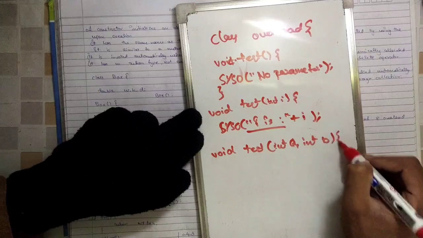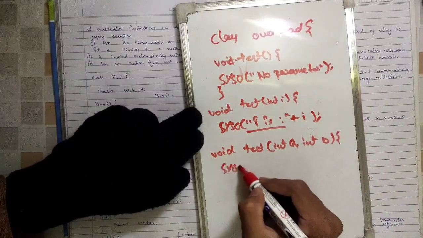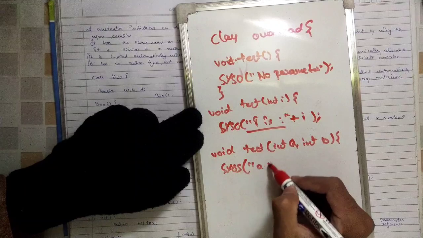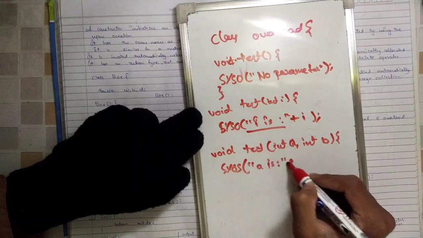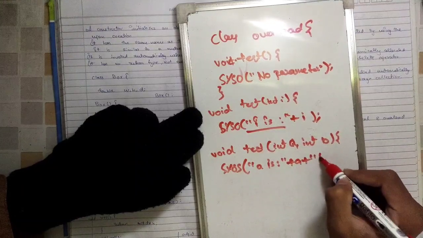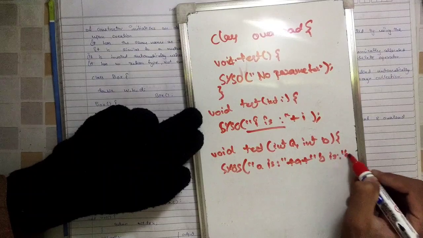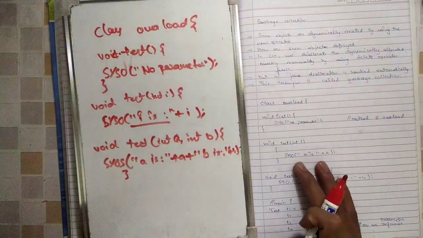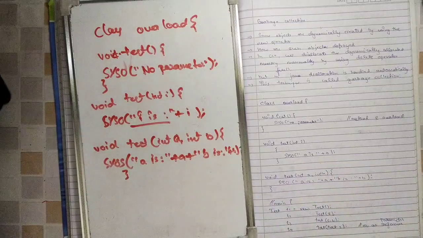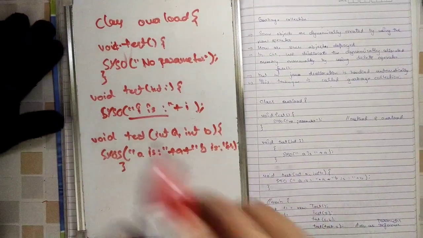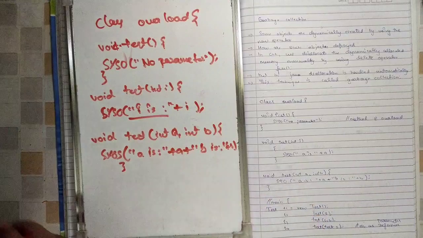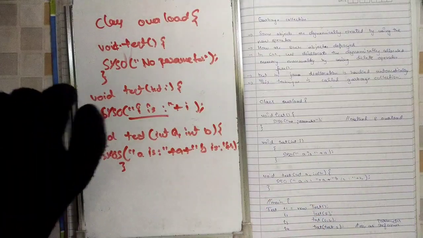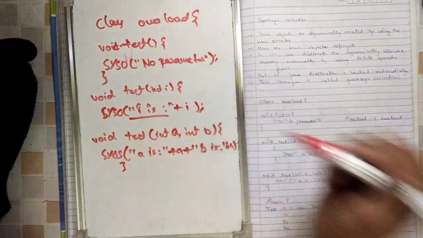Here I will say System.out.println("a is" + a + "b is" + b), and close. Now see, three methods I have written. I have overloaded a method named test in three ways: passing no parameters, passing one parameter, and passing two parameters.